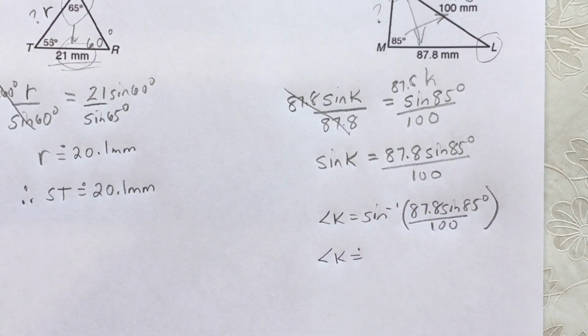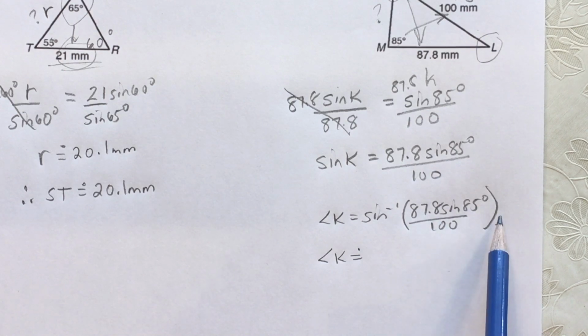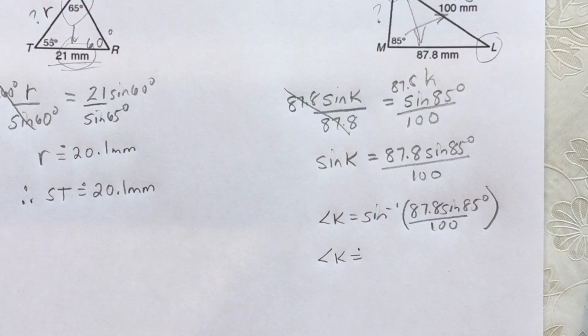But you do have to be able to enter that into your calculator effectively. So depending on your calculator will depend on whether you do the 87.8 times 85 sine divided by 100 first, equals, and then press inverse sine, or whether you can start off by pressing second sine or shift sine or inverse sine depending on your calculator. So I'm doing the calculation right now.